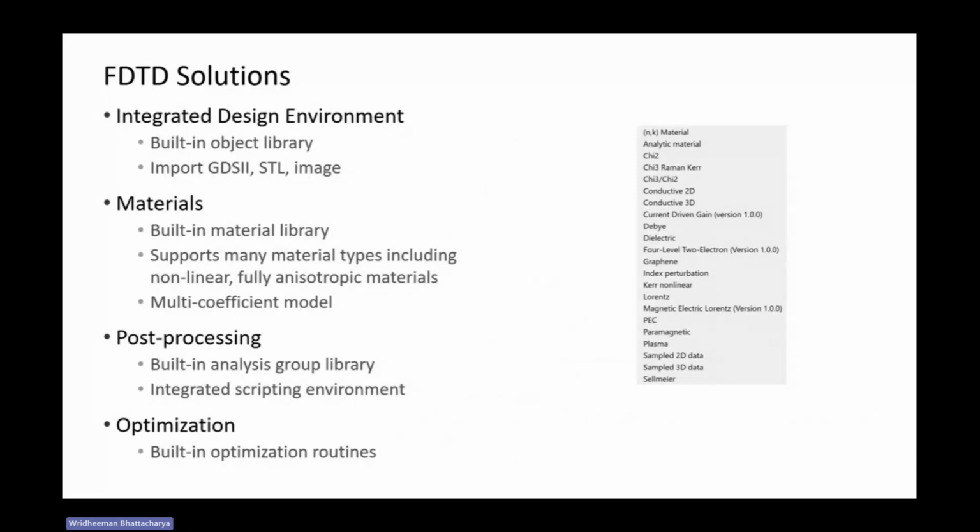For FDTD, if we want to create an active layer with a quantum well, we have to use the quantum well solver. For that study, we have to use the quantum well solver. In the quantum well solver also, the material importing part is there.